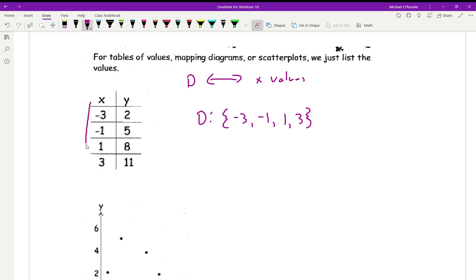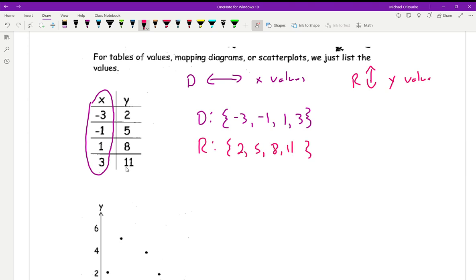Those are all these numbers right here. And then our range, if we remember, is up and down, so that's our y values. And we're just going to list them: 2, 5, 8, 11. Along those lines.